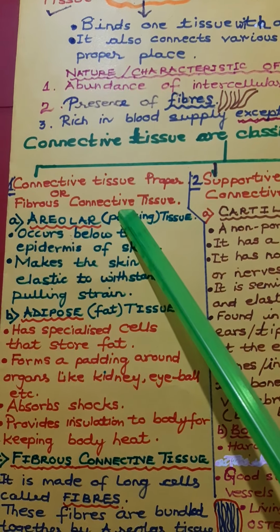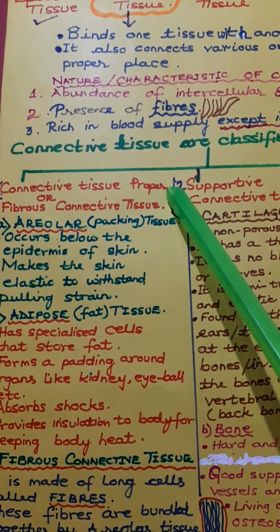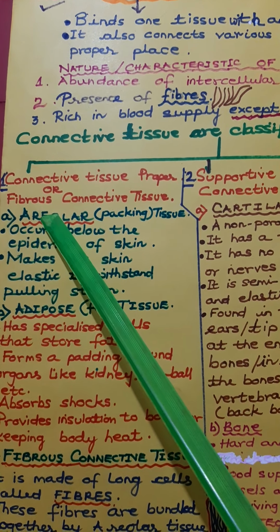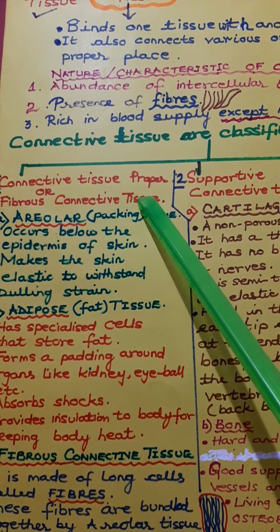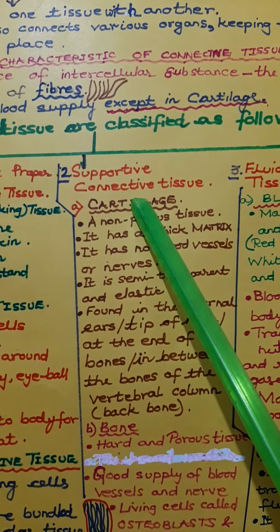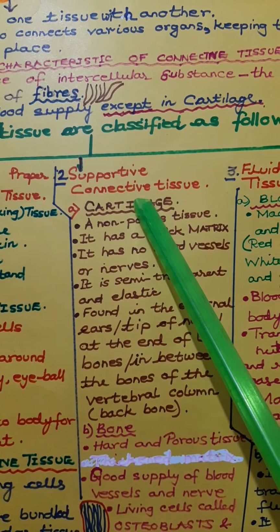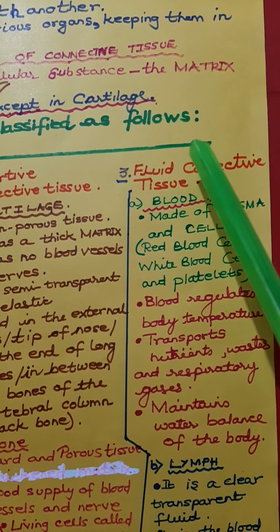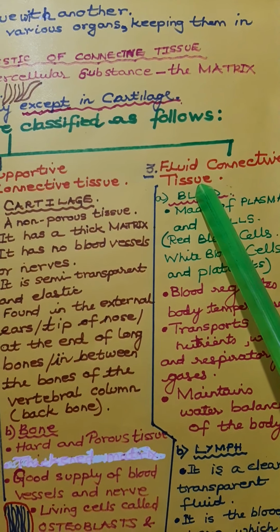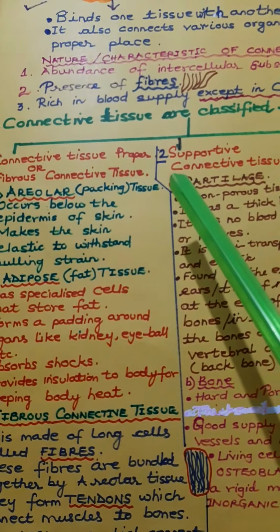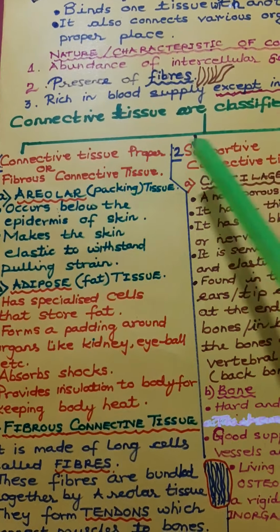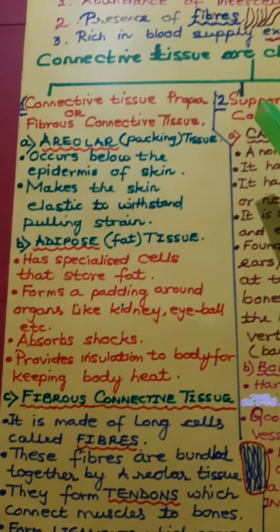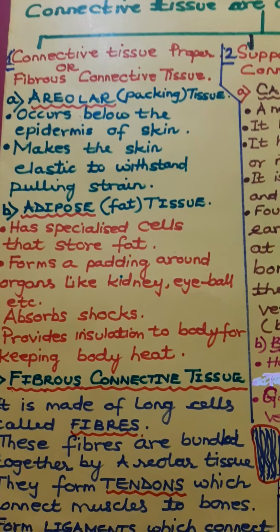Number one, connective tissue proper, or even it's called fibrous connective tissue. The second one is the supportive connective tissue, and the third one is called the fluid connective tissue. So, connective tissues are of three types. Let's go into them one at a time, right?